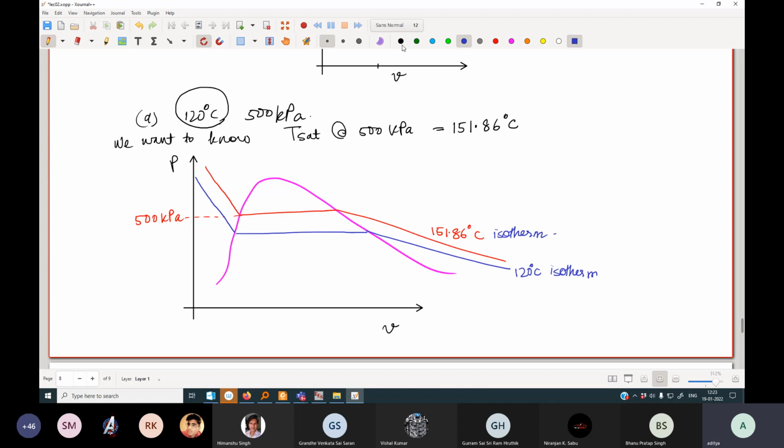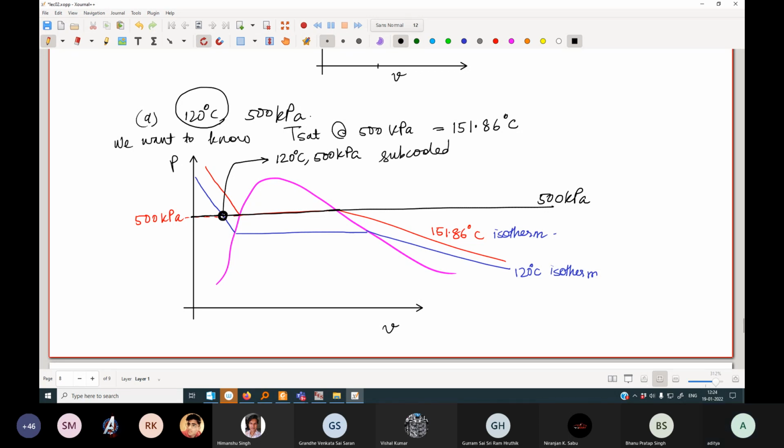This entire line is 500 kilopascal. The intersection of the 120 degrees Celsius isotherm with the 500 kilopascal line gives us this point, the state of water at 120 degrees Celsius and 500 kilopascal. And so what is the phase? It's going to be subcooled liquid. Is this okay? Whatever I have said so far.